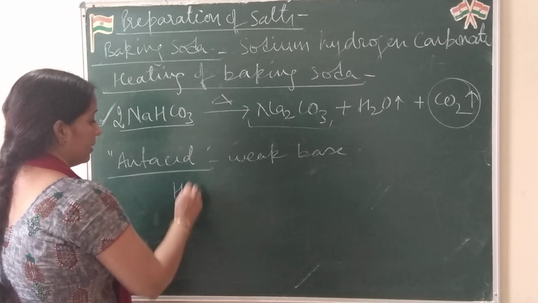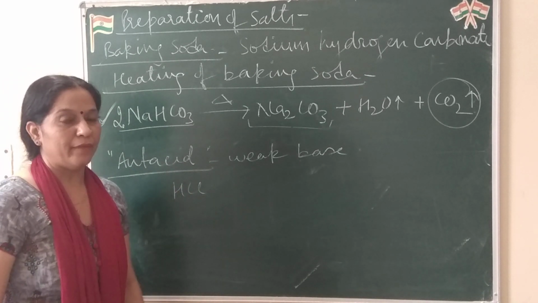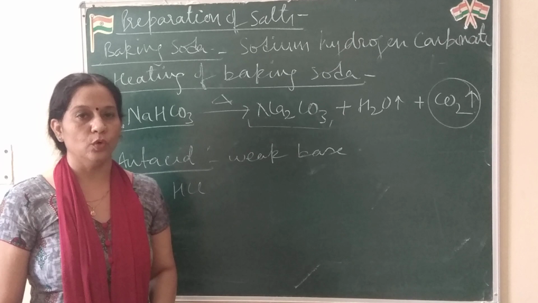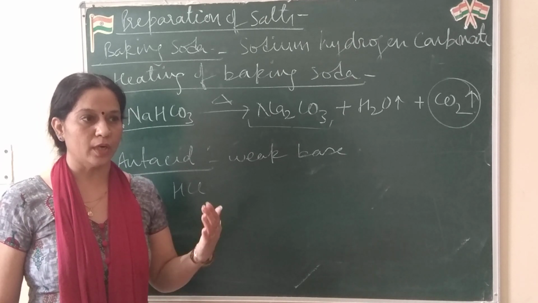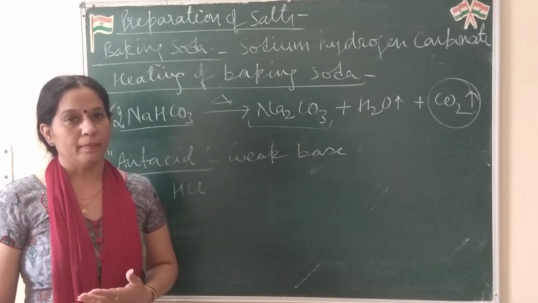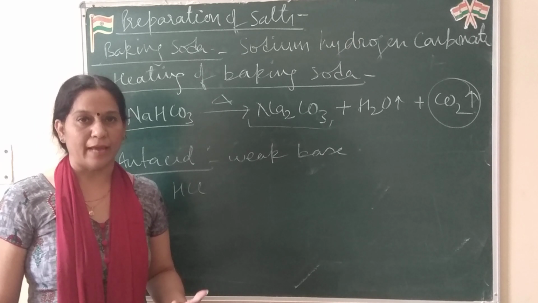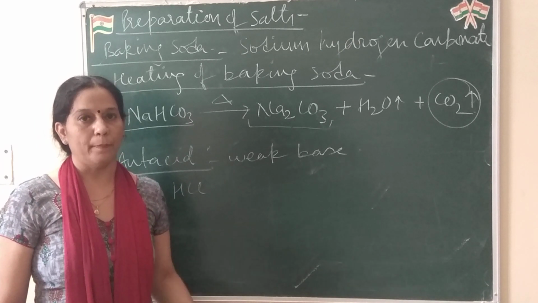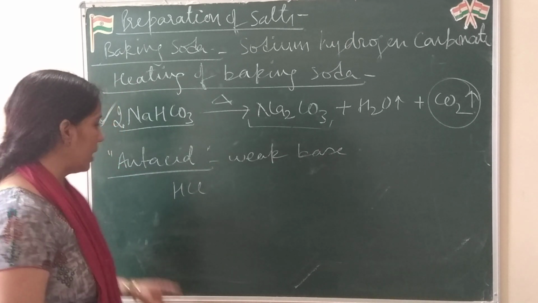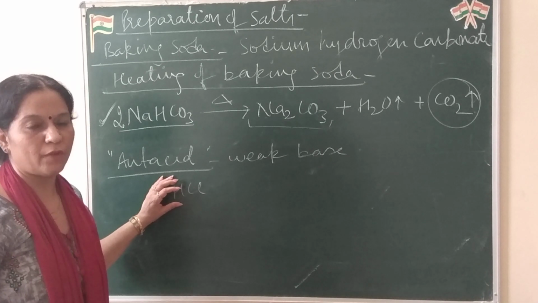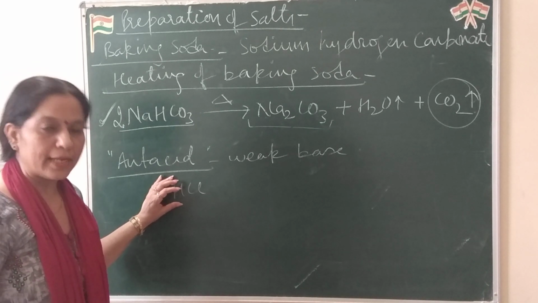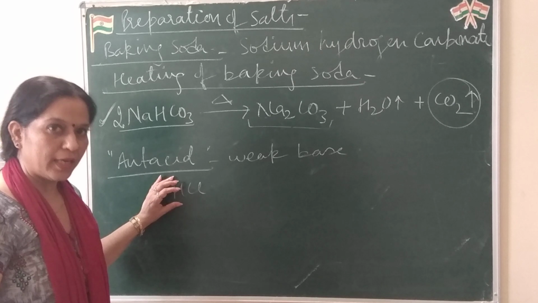Acidity in the stomach occurs because whenever we eat too much spicy food, or we overeat, or we do not get proper sleep because of our different lifestyles, or we do not give healthy food to our diet, there is excessive secretion of HCl in the stomach, which is called acidity, and it causes pain and irritation.